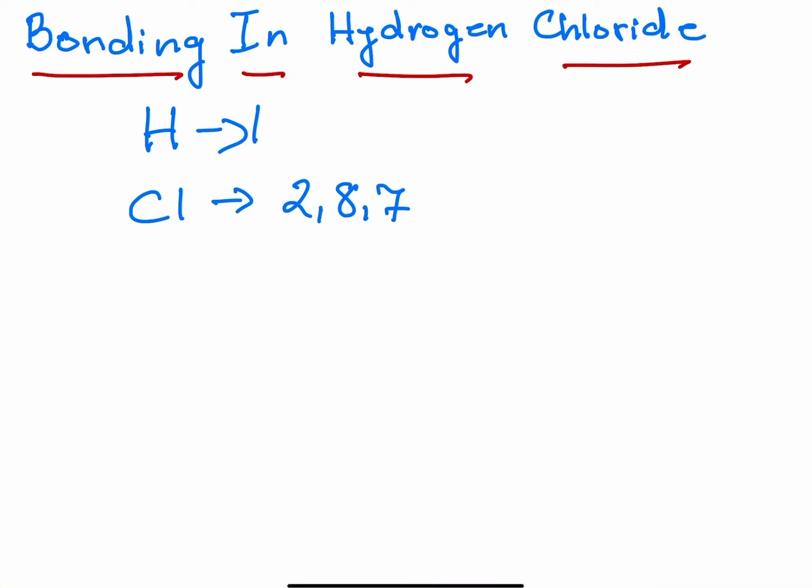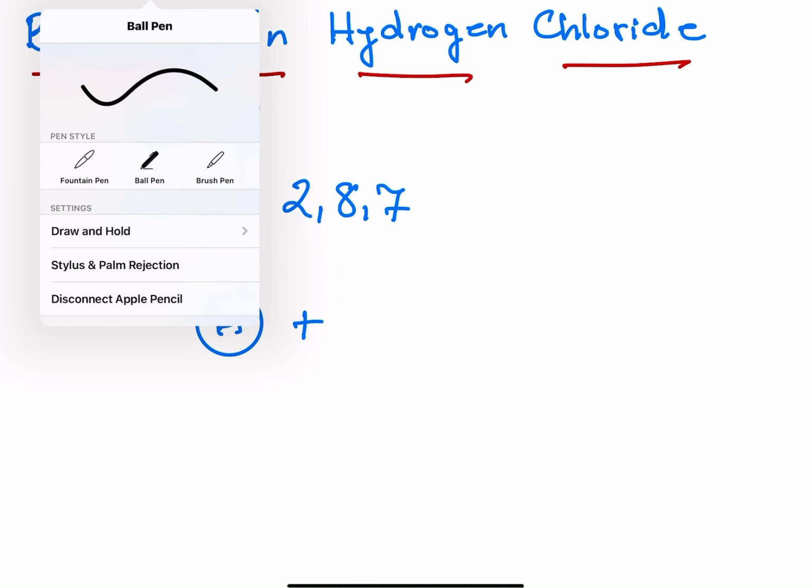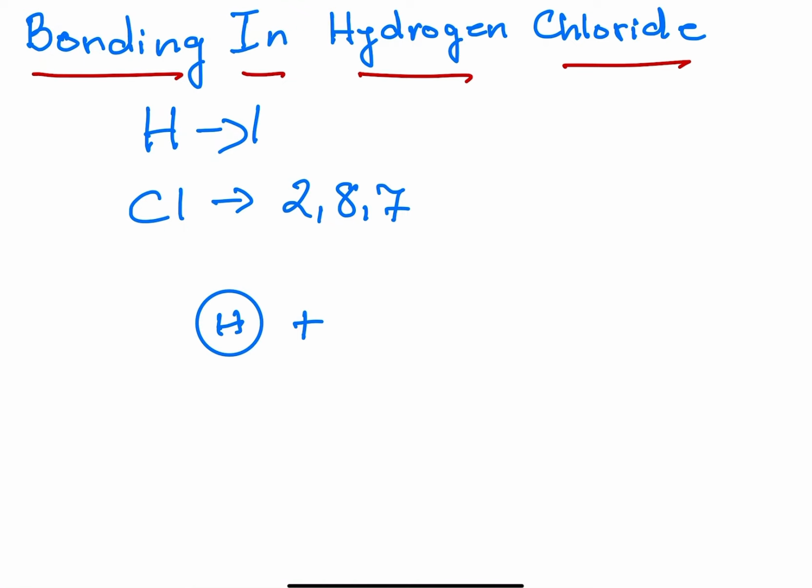Now let's draw the structure and see how the bonding takes place in hydrogen chloride. Suppose this is an atom of hydrogen and we have an atom of chlorine. Chlorine is much bigger than hydrogen.